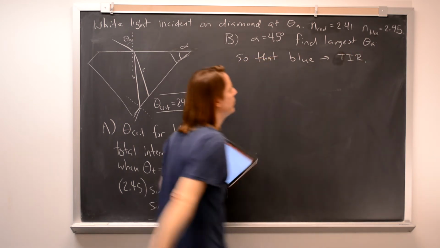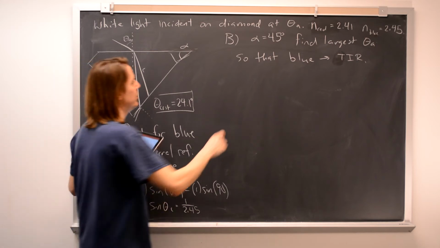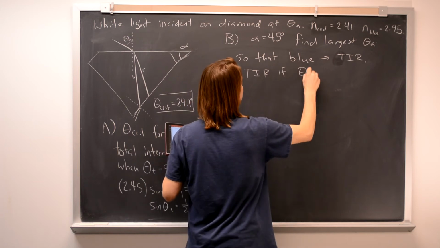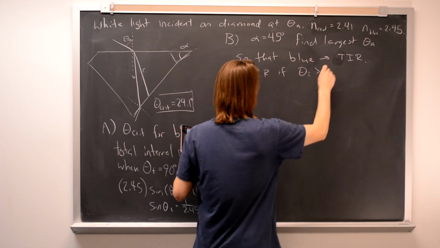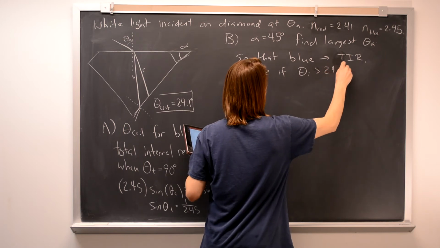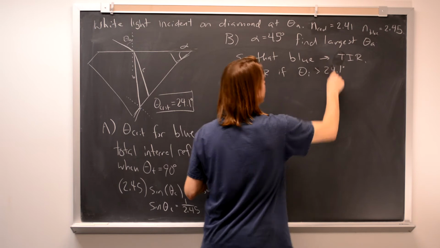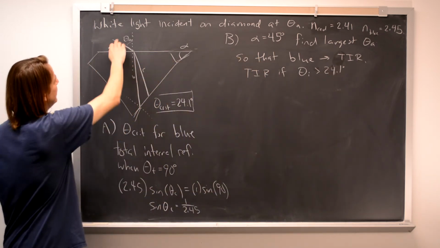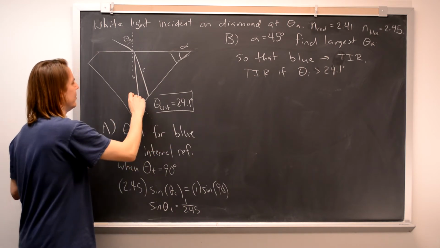All right. So we know that we get total internal reflection of blue if the theta incident is greater than 24.1 degrees. That's what we decided last time. So I'm going to start drawing some new angles on here we're going to have to think about. We're going to say that's still theta A. We're going to call theta incident right here.